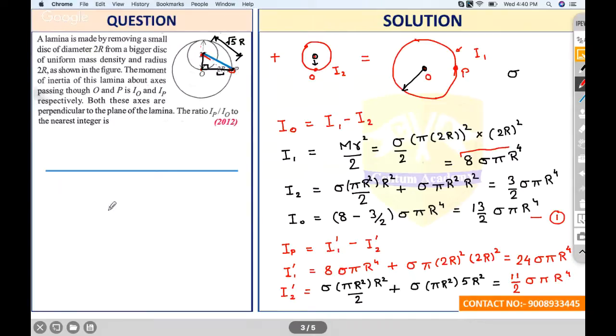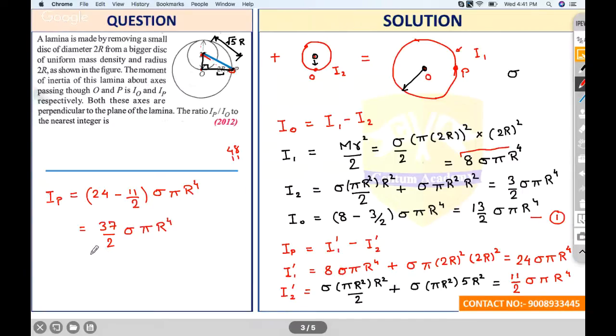So let me write here, IP will be equal to I1 dash minus I2 dash. That will be 24 minus 11 by 2 times sigma pi r to the power 4. So this is 48 minus 11, that is 37 by 2 sigma pi r to the power 4.